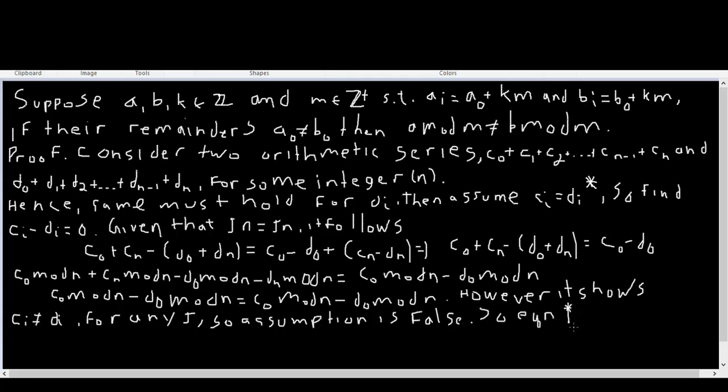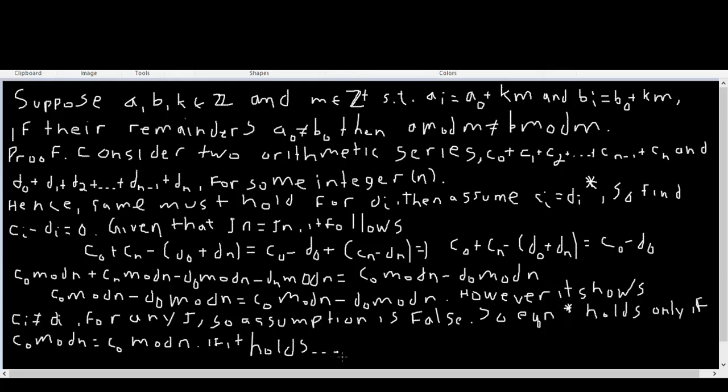So our assumption is false. So the equation with the asterisk holds only if c sub 0 mod n equals c sub 0 mod n.